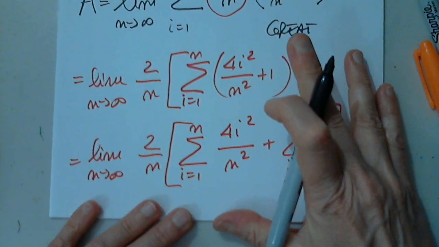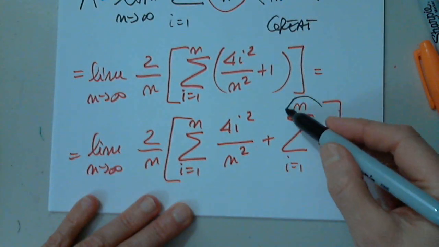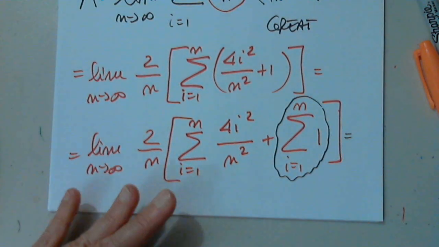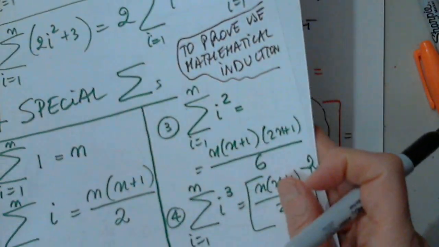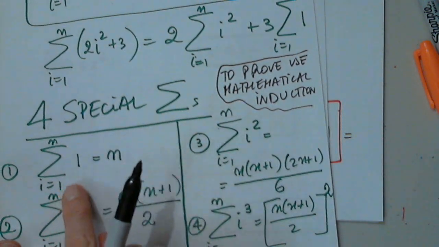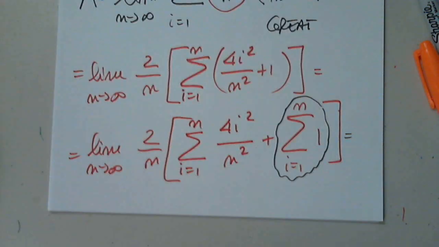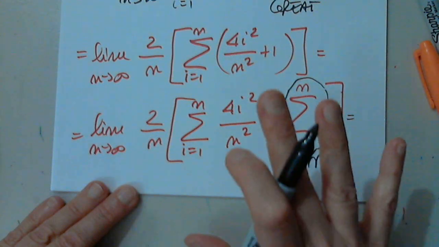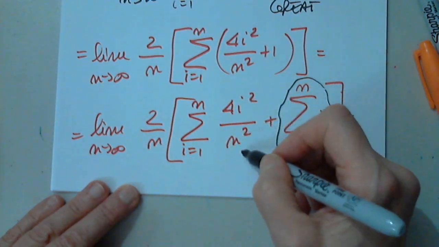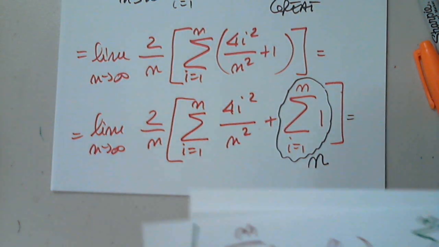Okay, now my next step. I will replace this by this. We have it. Okay, so this will eventually be replaced by n. Now, this is another property.